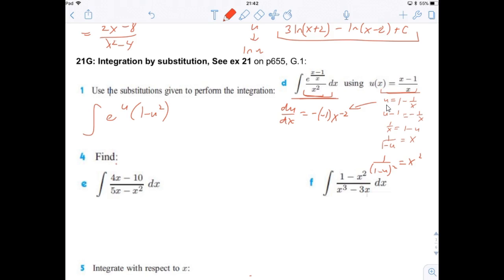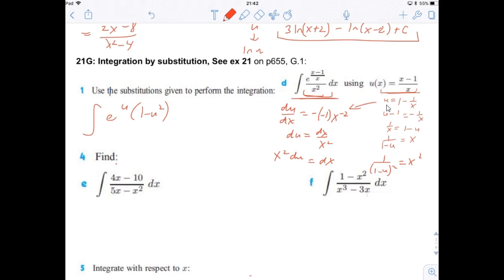And so that would be du equals dx over x squared. And then we could say that dx equals x squared du.